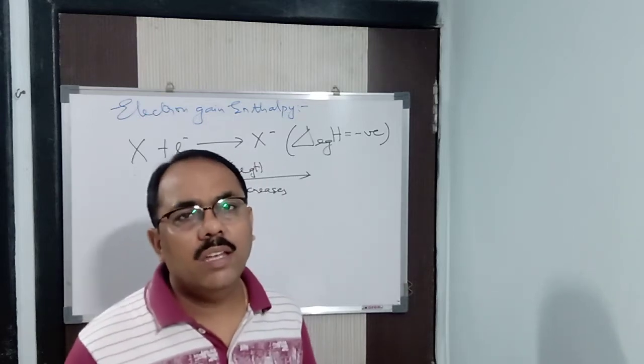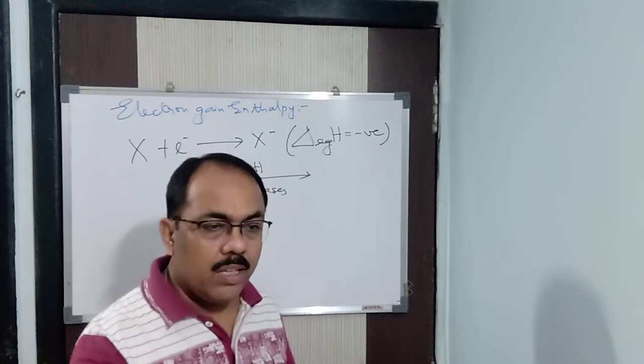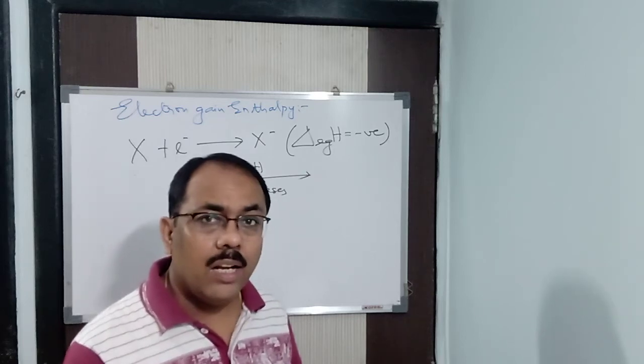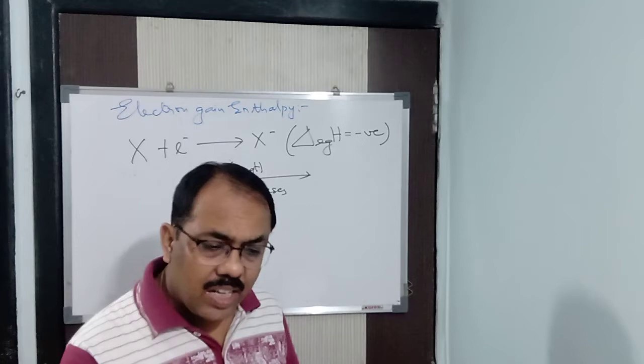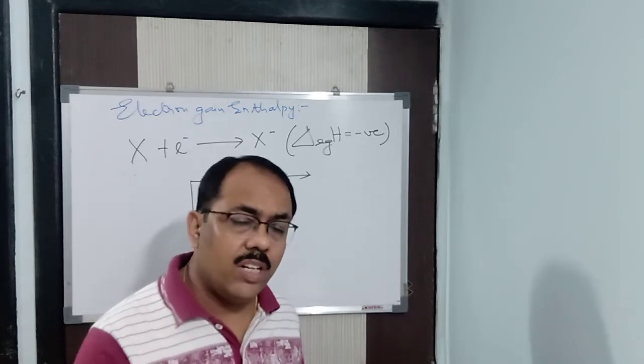So when you are moving from left to right across a period, the tendency to gain an electron is increasing. Why? Because after gaining, it will become stable, even if it is converted into its anion.